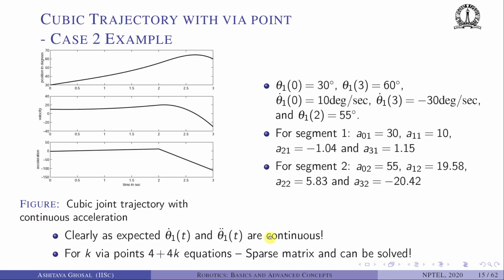Okay, so for k via points, we can get 4 plus 4k equations, and it turns out this is a sparse matrix and we can easily solve for all the coefficients if you have k via points, but at the via points we match velocity and accelerations.